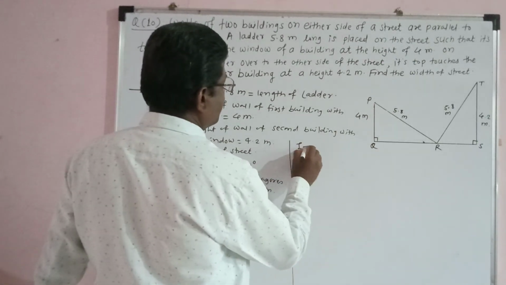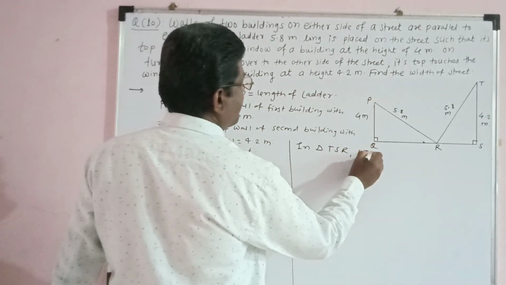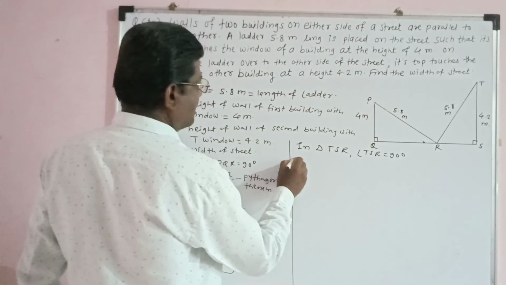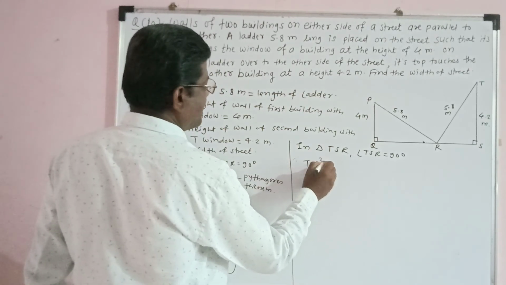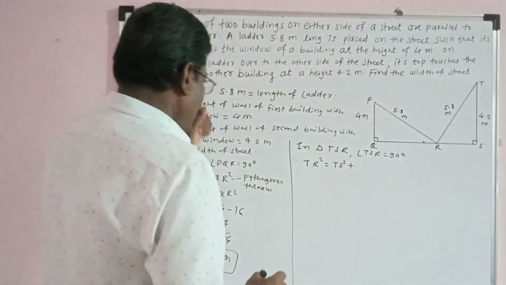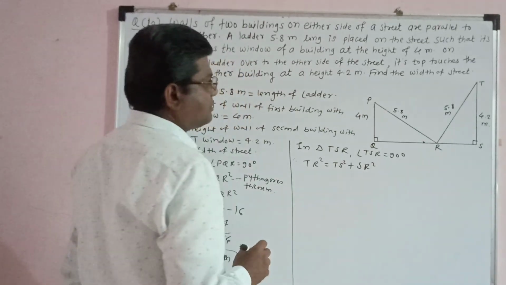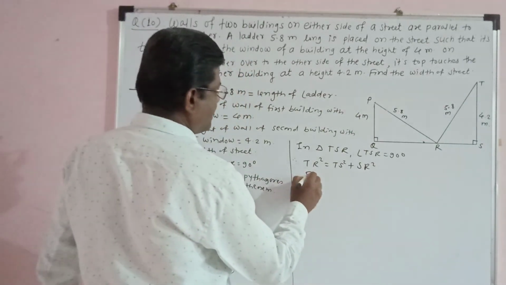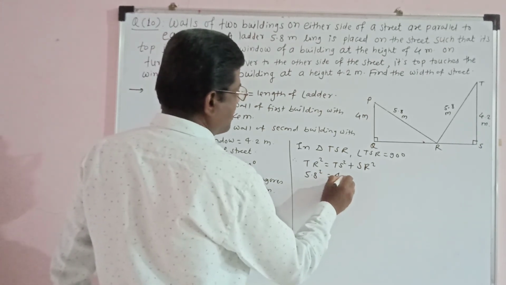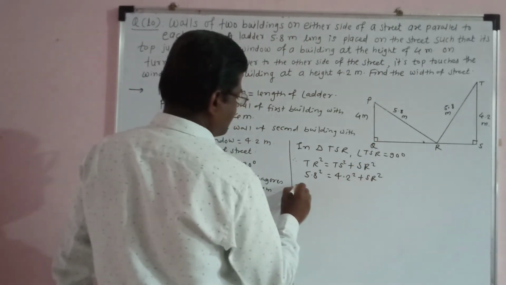Now in triangle TSR, angle TSR is equal to 90 degree. Therefore TR square is equal to TS square plus SR square. So TR is 5.8, 5.8 square is equal to TS 4.2 square plus SR square.